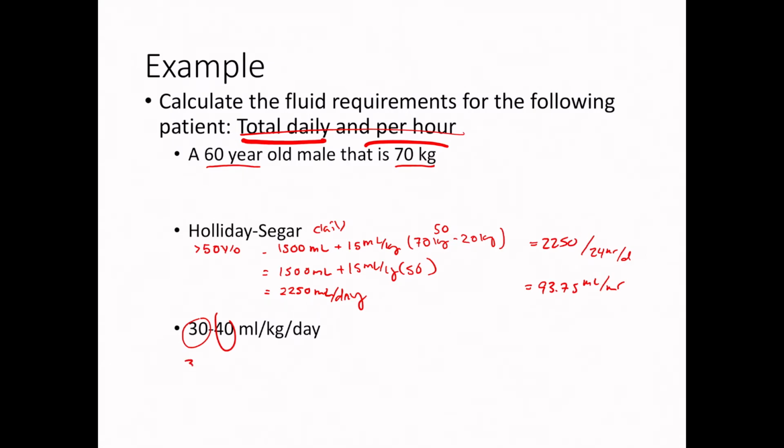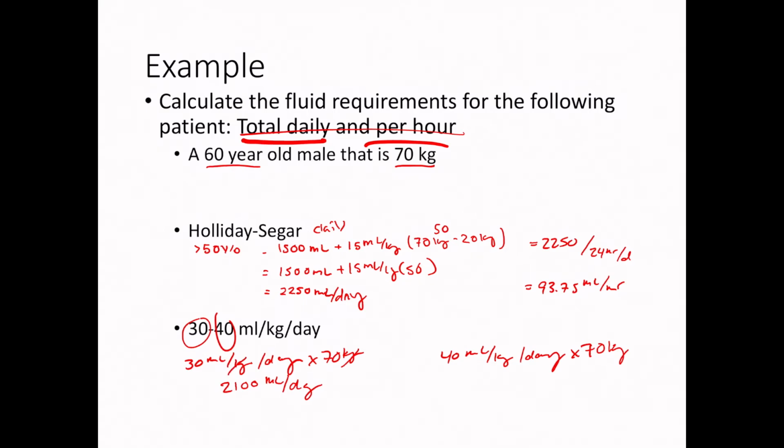So, 30 milliliters per kilogram per day, or 40 milliliters per kilogram per day, times the patient's weight, so that's 70 kilograms. So that's going to give me 2,100 milliliters per day.